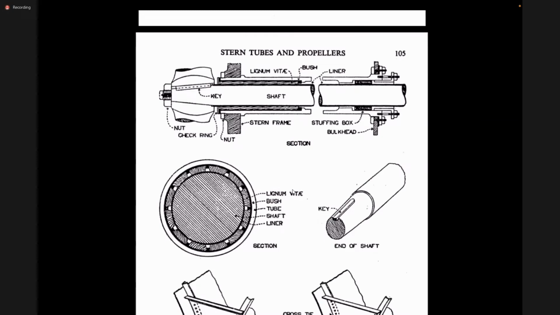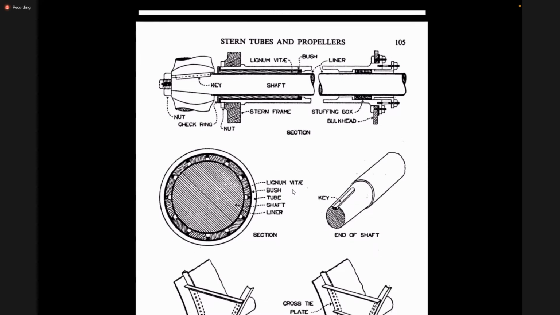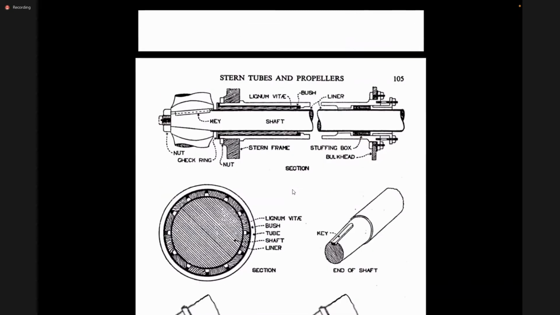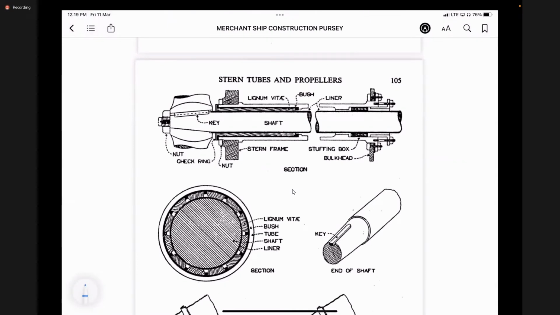Actually, this is a much simpler drawing. I mean, it looks kind of complex, but this is how it is. We have the shaft, and in between we have those lignum vitae strips, as it is shown here. Okay, I need my marker. On top of the shaft will be the lignum vitae strips. They form a layer on it. In between, we will add some bushing kind of arrangement.